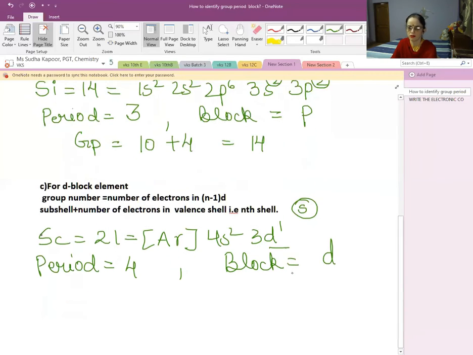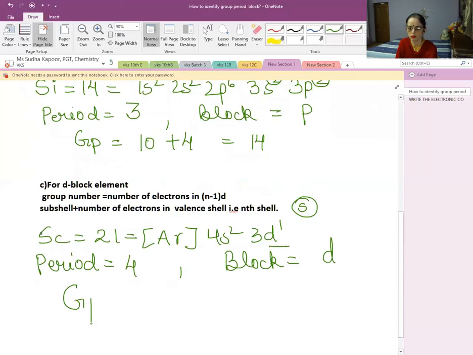Then when we identify the group, the group is identified on the basis of the block. So the block and the group are correlated as the number of electrons in the (n-1) shell and the number of electrons in the nth shell. The nth shell is 4s because it is the outermost one. Although it is filled first because of the n plus l rule, it is the nth shell.